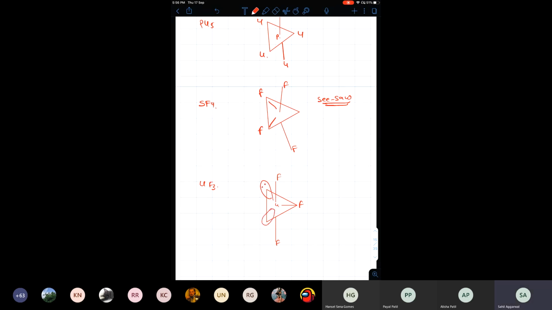More precisely, bent T shape. Why is it bent? Because of the repulsion from lone pair. Why are these not at equal 90°? Because of the repulsion from these atoms. Understood?